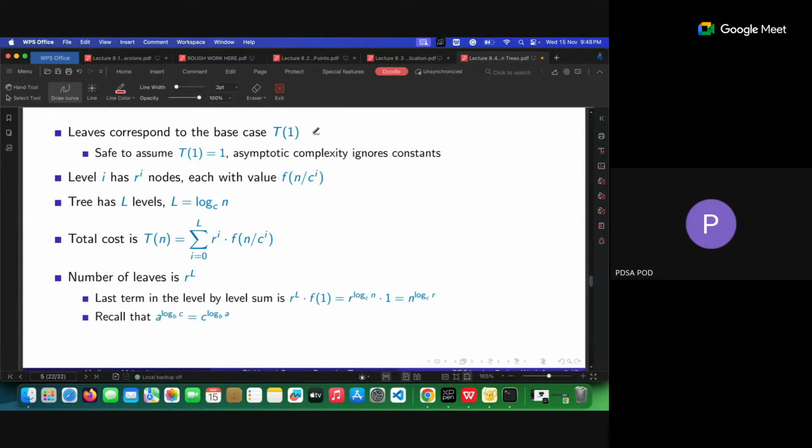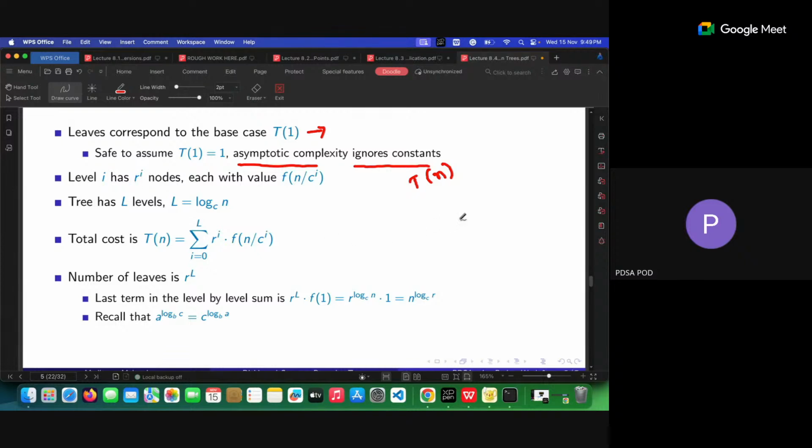When it is a simple constant time, t of 1 is 1, because no subproblems are called. Otherwise, t of n where n is more than 1, you are calling subproblems, r to the power of i nodes.